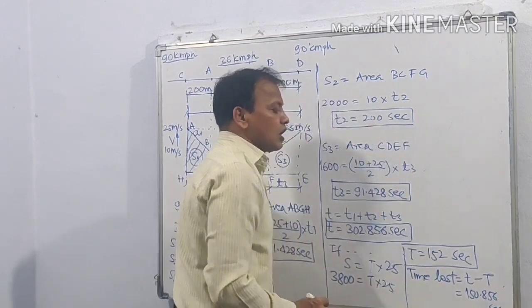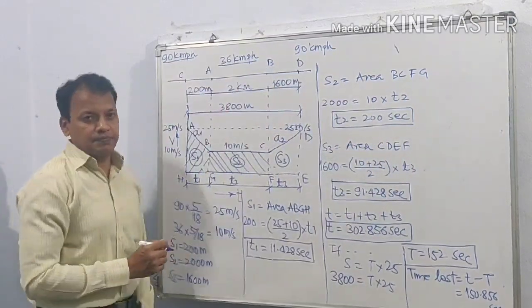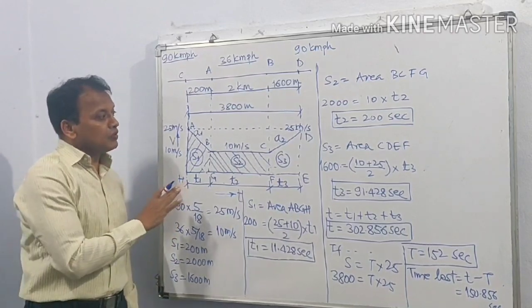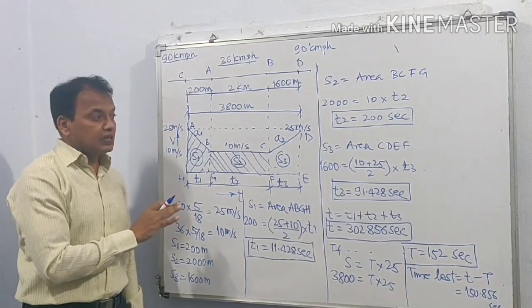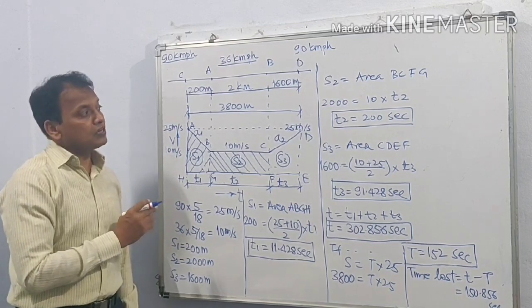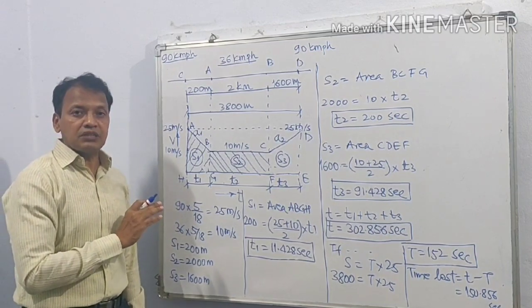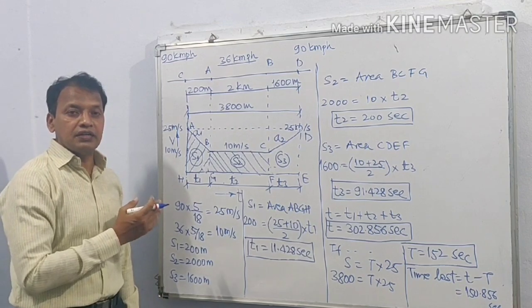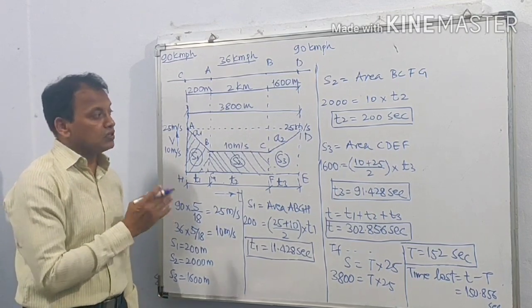So this is time lost due to repair work. So using velocity time diagram, we can solve numericals. Generally graphical solutions or graphical methods are used to avoid tedious and complicated calculations.